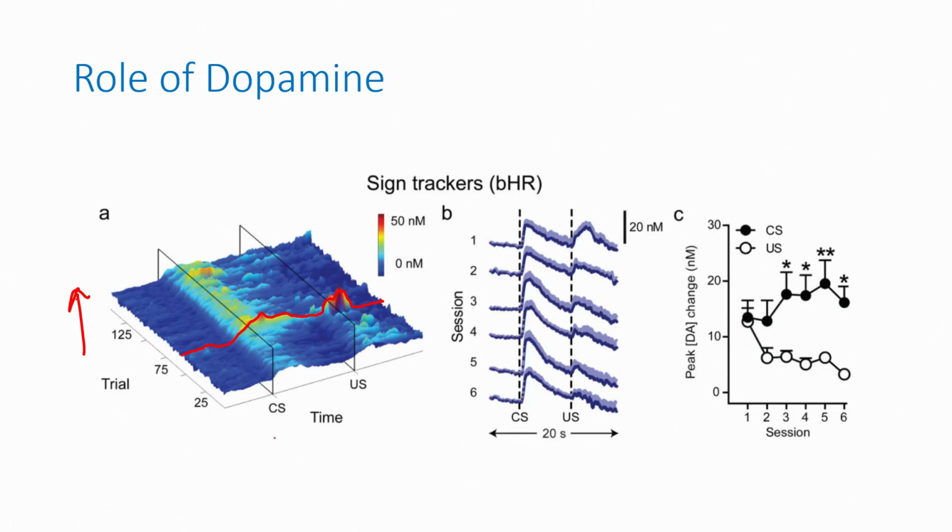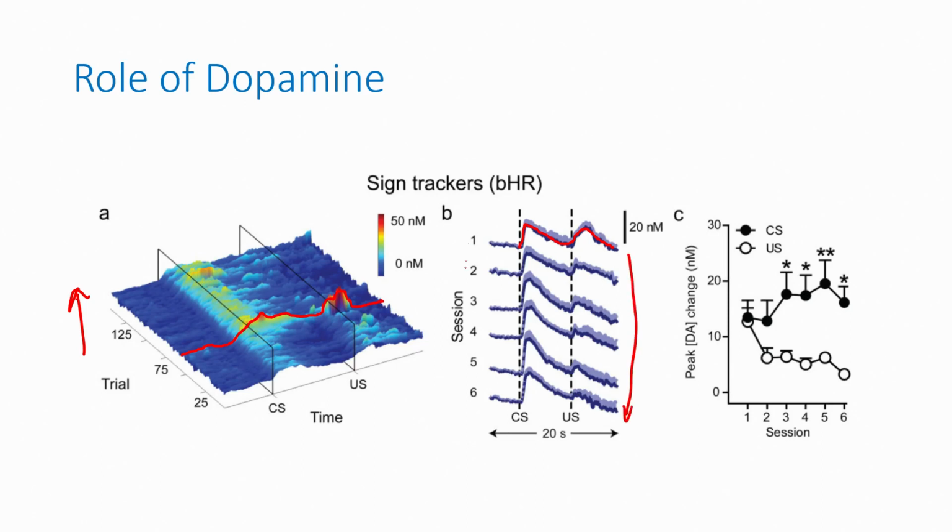Okay. So, now you can see in the sign trackers you have this classical behavior, which is that as a function of sessions, the amplitude of the dopamine response around the CS and the US changes. It starts with a pretty high peak at the US; there is a dopamine release following the CS as well as the US, but progressively the amount of dopamine released for the US, the second peak, goes down in this case, right.